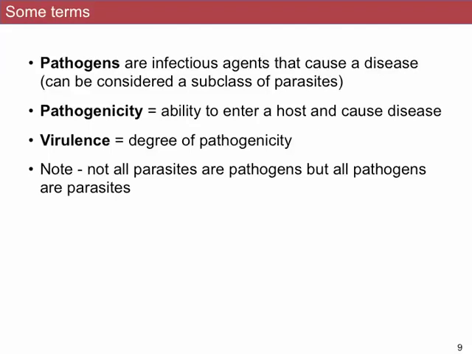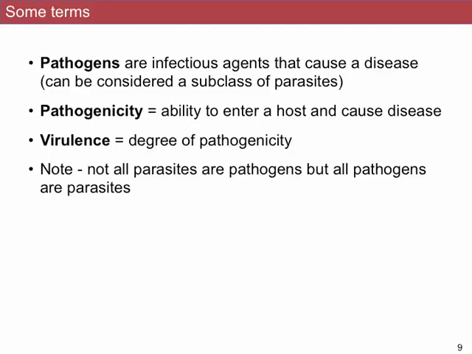So there are cases of parasitism where the organisms are not infectious, where you have a parasitic plant that's growing on something else and negatively affecting it. Pathogens are the cases where there's an infectious agent like tuberculosis or flu or HIV, etc. And pathogens have a lot of different terms that are associated with them.